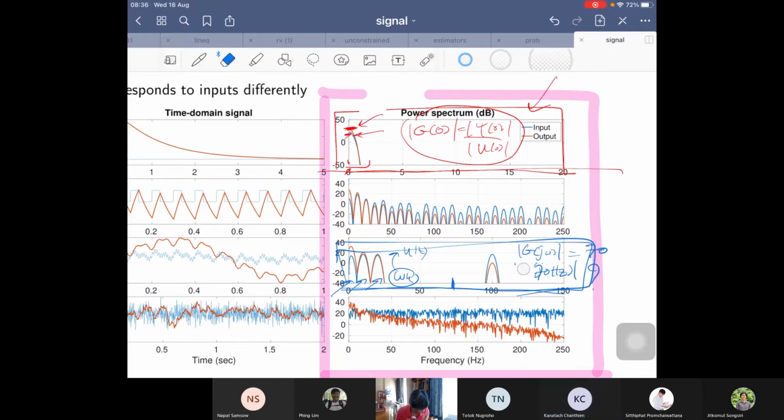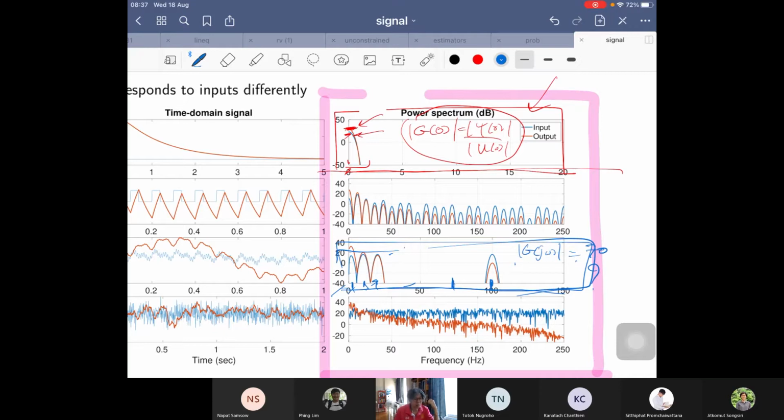Okay, no. The setting here is that you apply U(t) as a sinusoidal that has mixed frequencies, but the frequency lists are given, and just like in this particular example, the frequencies of the sinusoidal are here and here at 100 hertz. That is a given situation.